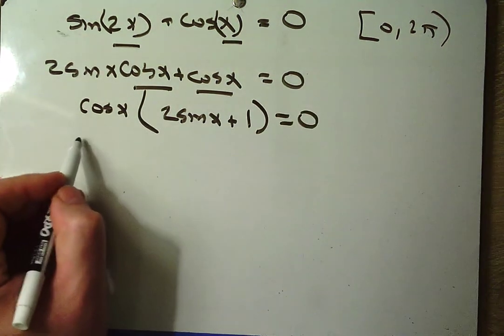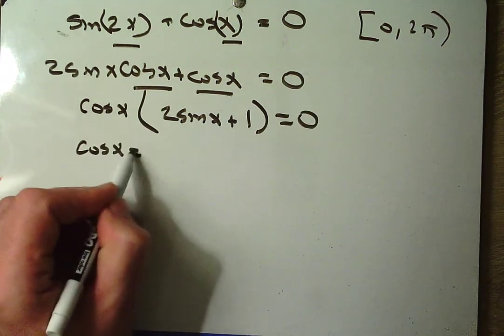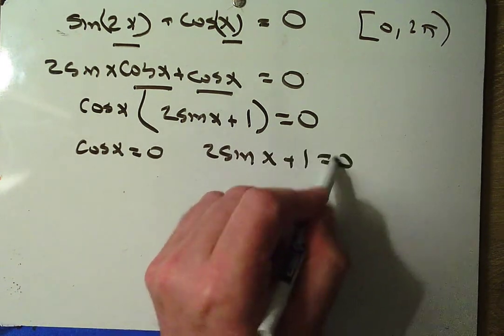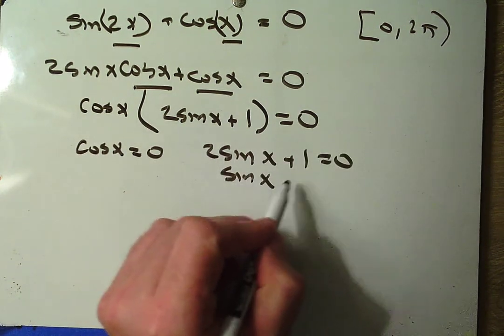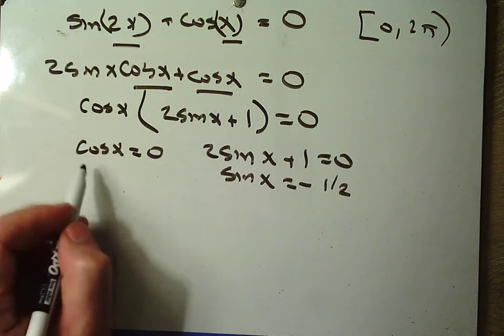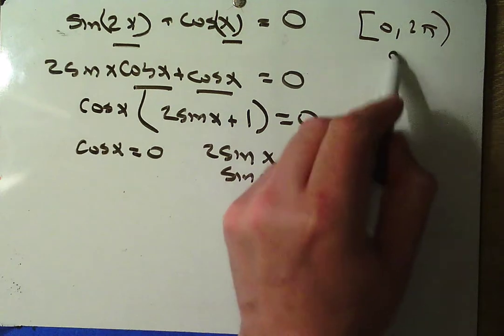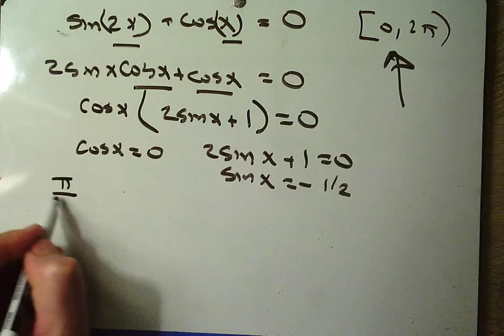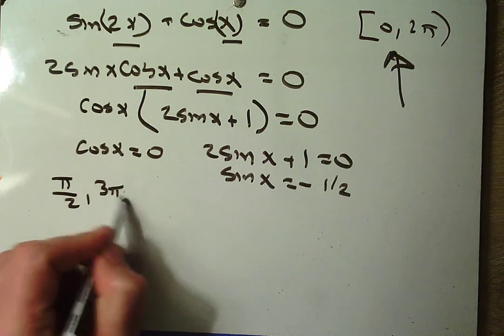We set each factor equal to 0: cosine x equals 0, 2 sine x plus 1 equals 0, so we know sine x equals negative 1/2. We say, when does cosine equal 0 on 0 to 2 pi, and that happens at pi over 2 and 3 pi over 2.